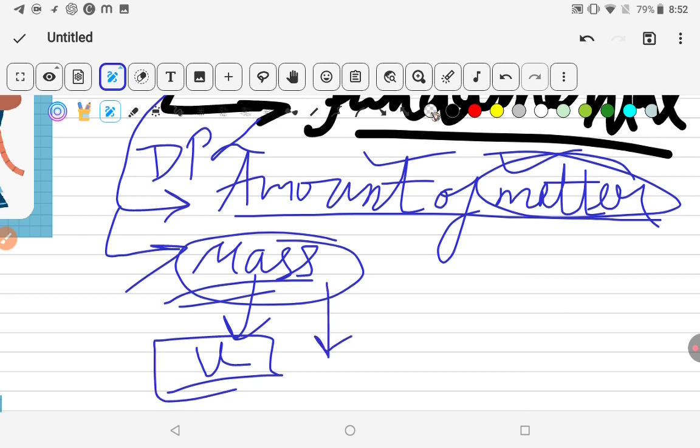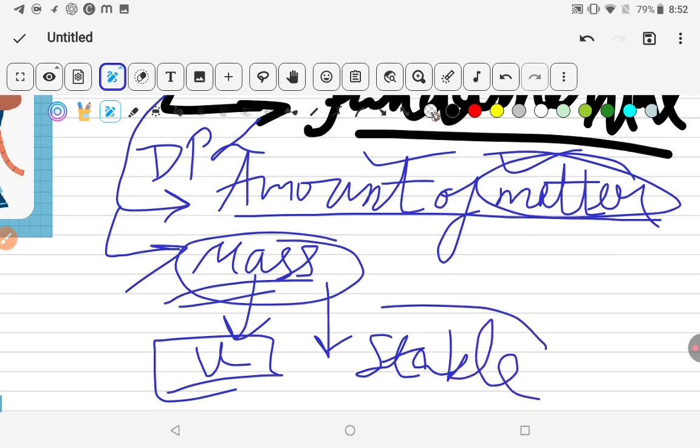This is the fundamental thing in science, where everything in this world has to go to stability. Every body on this earth or in this universe wants to attain stability, that is, it wants to remain in the position of rest.